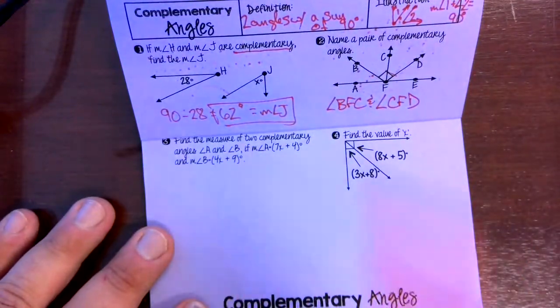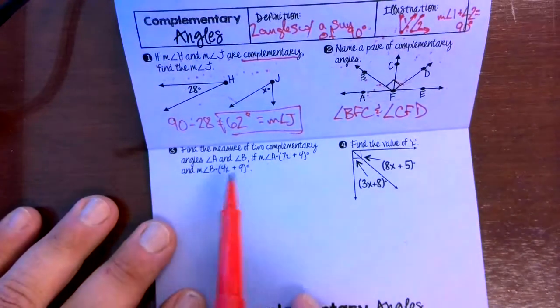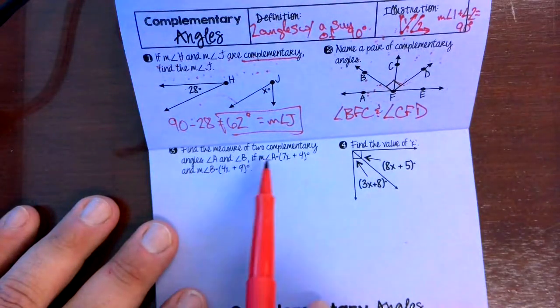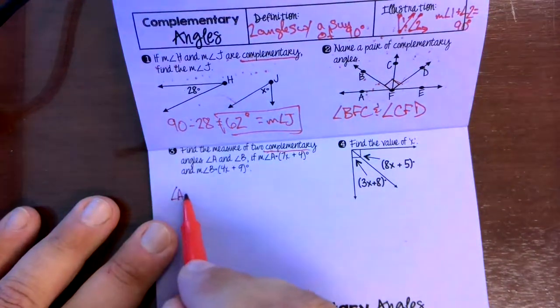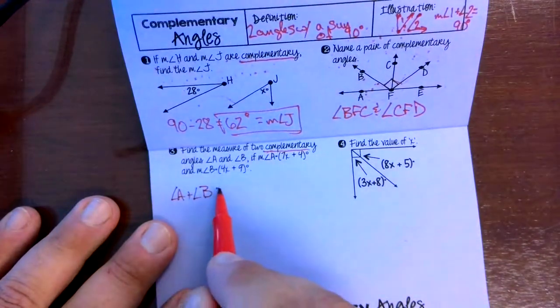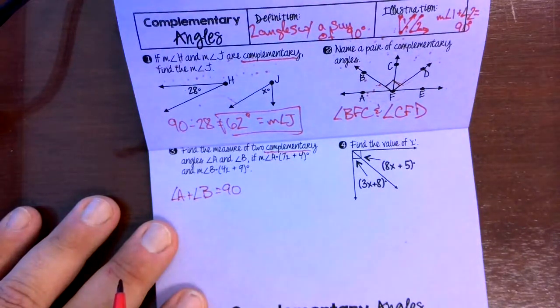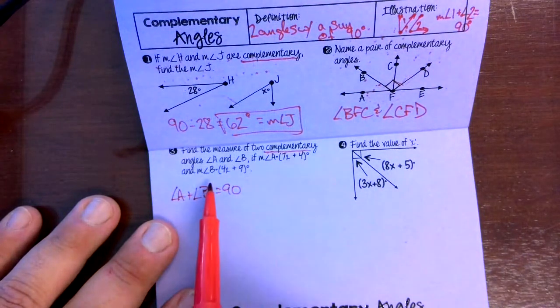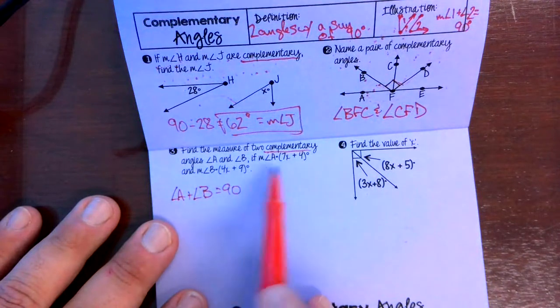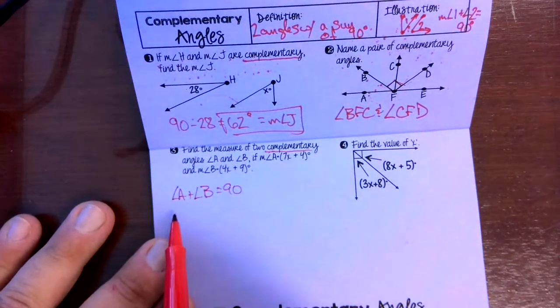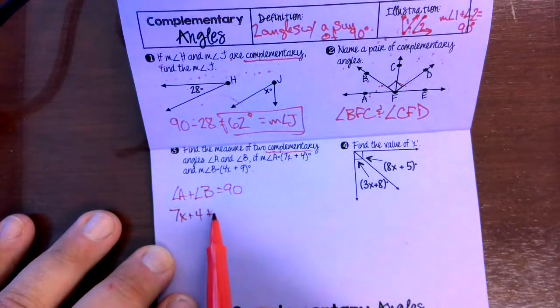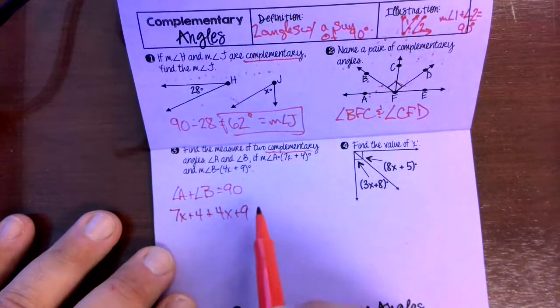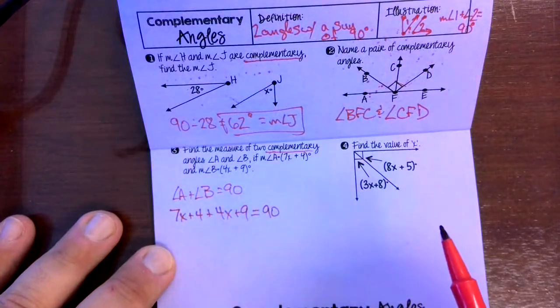Then we get to things like this, and it's a little trickier here. It says that A and B are complementary. Well, that means that angle A plus angle B equal 90. And then I can take what I'm given for angle A and B right here and plug them in. So I can do 7x plus 4 plus 4x plus 9 equals 90.